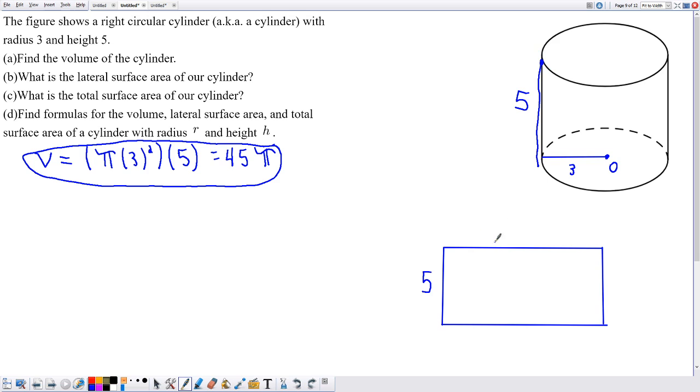So, how can we represent that circumference? Well, that would be 2 times pi times the radius of 3, which is equal to 6 pi.